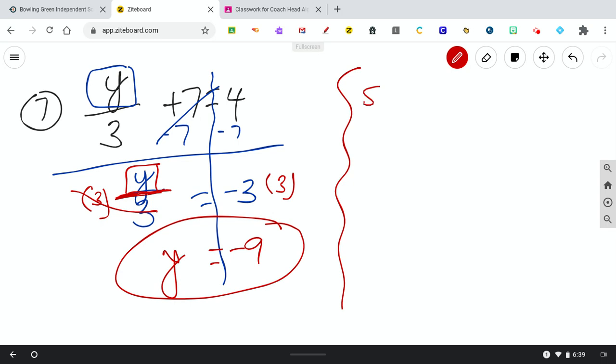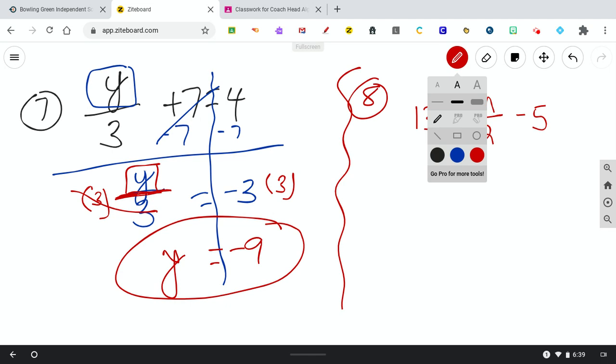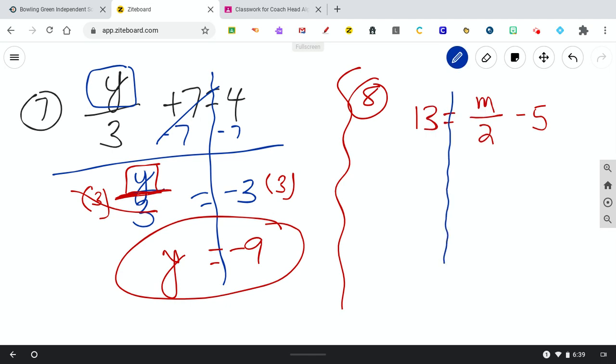Okay. And then the last example here, I have 13 equals m over 2 minus 5. Draw my line. Remember, I'm trying to get m by itself. So I'm going to move this 5 first. So I'm going to add 5. I'm doing the opposite. Okay.